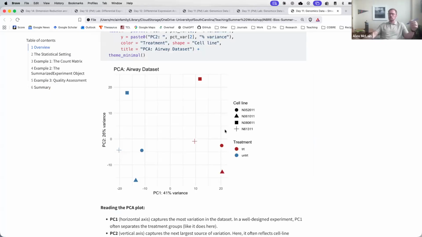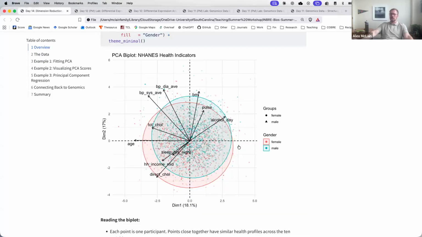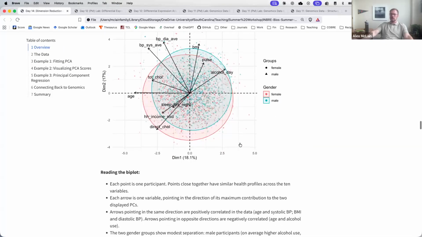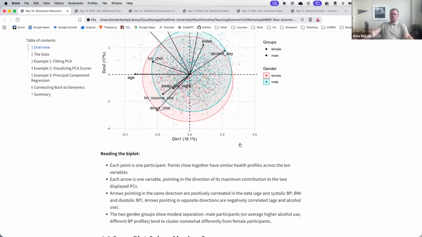PCA2 had a strong relationship with the cell type. So these biplots, or these plots of the data by the PCAs, are very popular. Any questions on that?